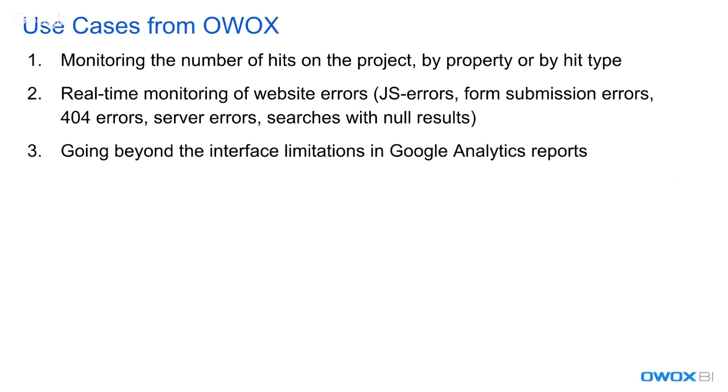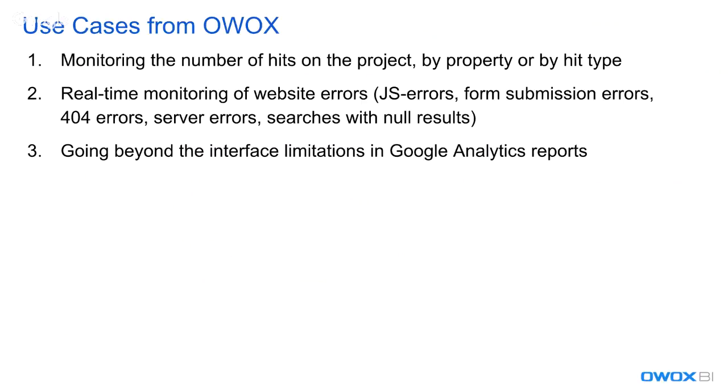Also, we're going beyond the interface limitations in Google Analytics reports. As I already told you, Google Analytics has some limitations in combining metrics and dimensions. You can see it in Dimensions and Metrics Explorer. When you click some metrics, you can't combine them with other metrics.